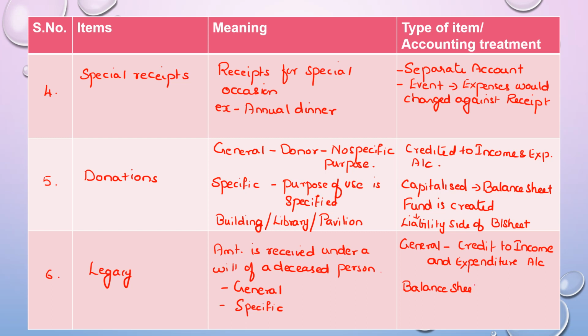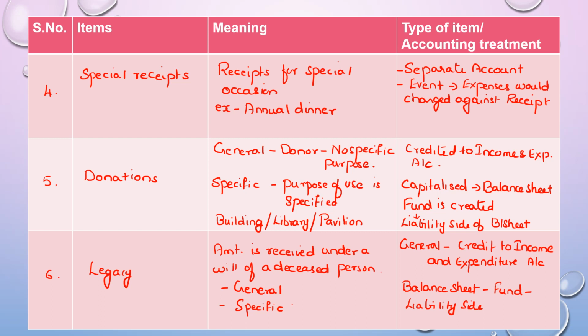In the balance sheet, a fund would be created on the liability side, and it would be utilized for that particular purpose that has been specified by the deceased person. So this is how legacy is an amount received, and this is how we would be treating the two types of general and specific legacy donation.